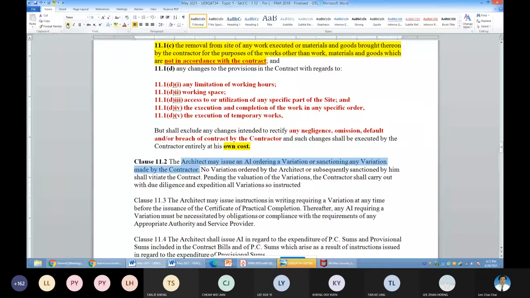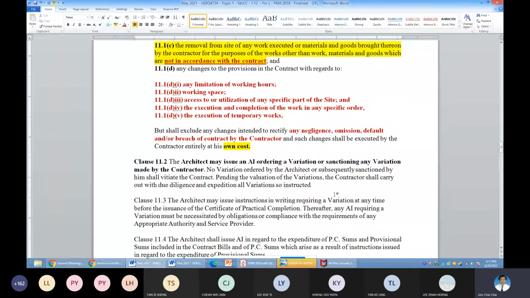So all the AI issued by the architect, it means here, no variation ordered by the architect. What does it mean? It means a valid variation ordered by the architect shall not vitiate the contract. It means that the contract is still operating. Shall not vitiate the contract means the contract is still operational.